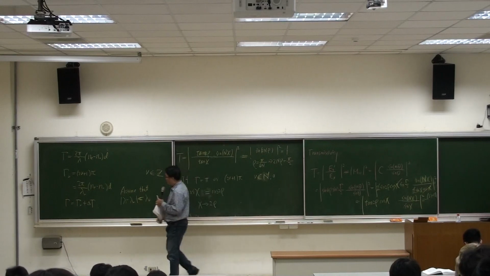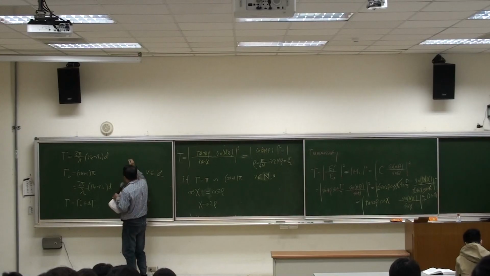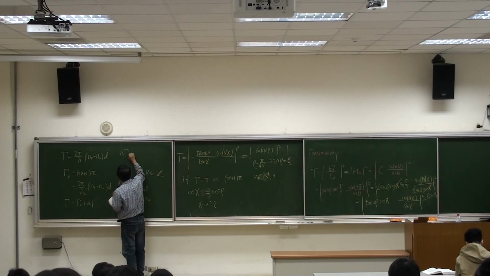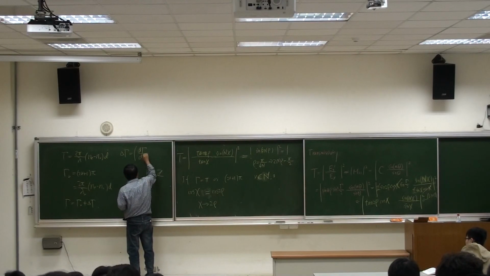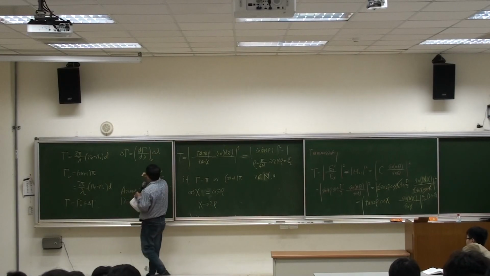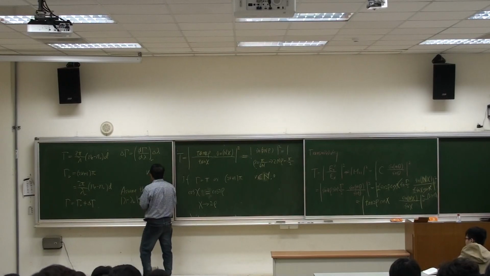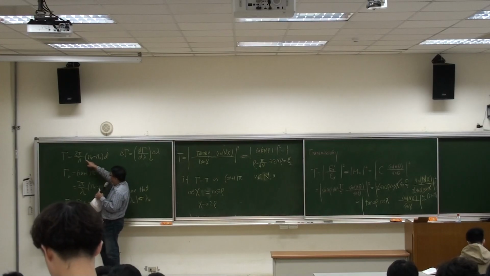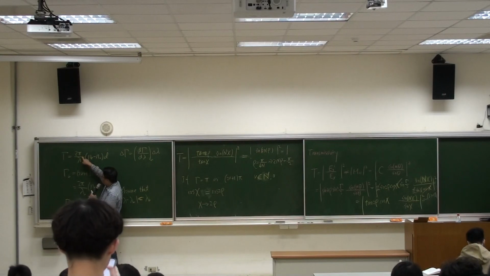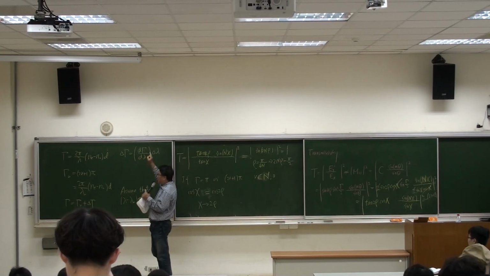Okay, then delta gamma can be written as d gamma over d lambda times delta lambda. And since gamma is inversely proportional to lambda, this differentiation gives you a minus sign.